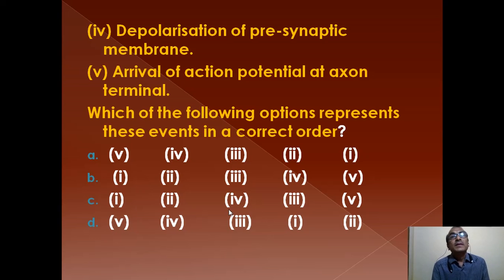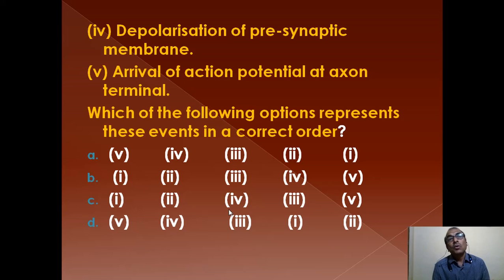Fourth statement, depolarization of the presynaptic membrane. It happens when the action potential reaches the presynaptic knob. Then 5, arrival of action potential at axon terminal. So which of the following options represent these events in the correct order?